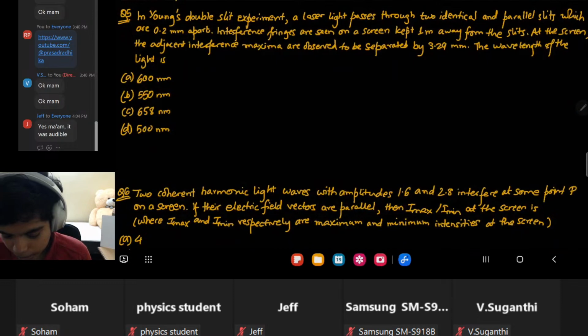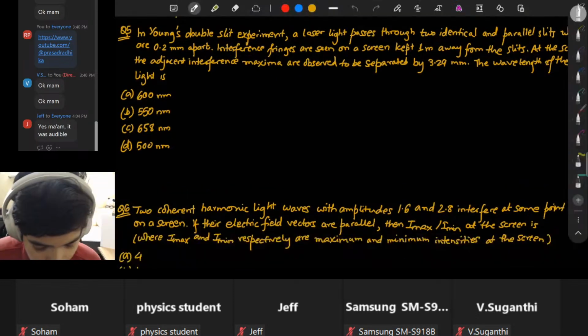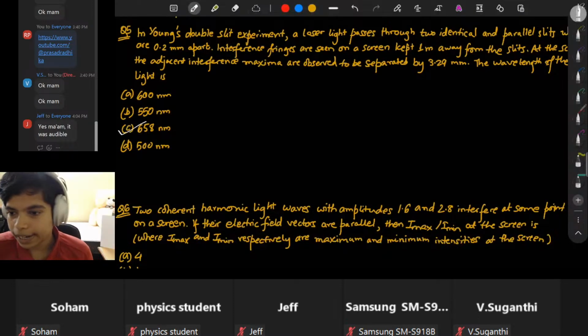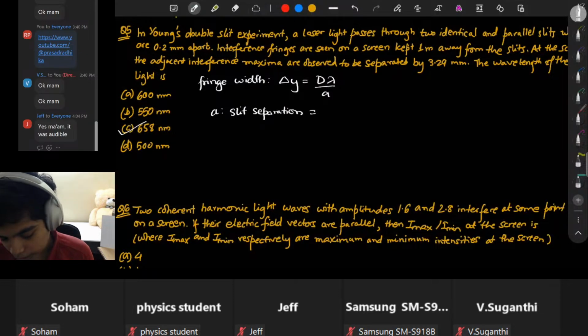Okay, so the correct answer is option C. And how we get it, let us discuss. In Young's double slit experiment, fringe width is given by delta y equals D lambda over a, wherein a is the slit separation, and that we are given is 0.2 millimeters.